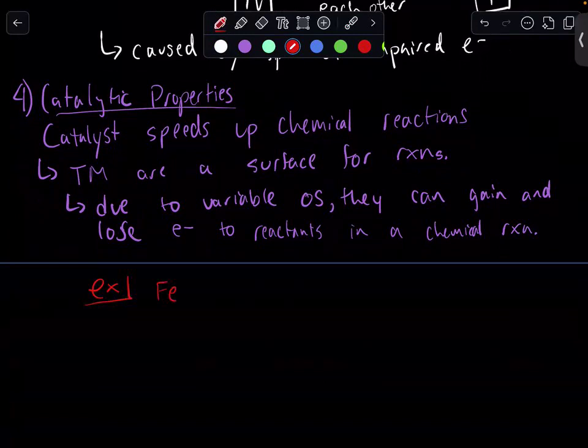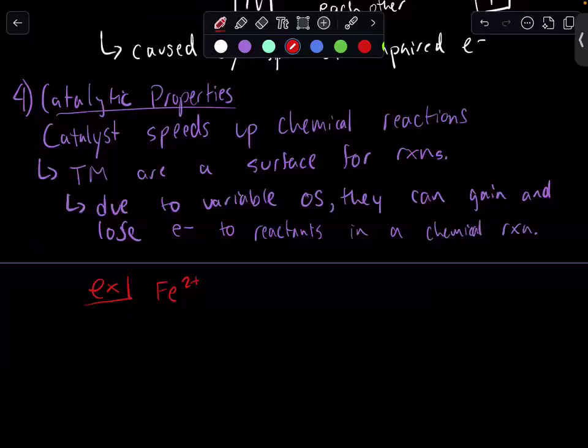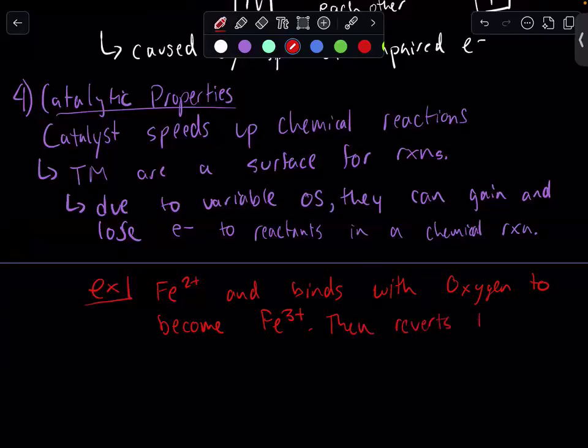We know that we need iron for our blood, and most people know it has something to do with the absorption of oxygen. Well, iron starts as iron 2 plus in the blood and binds with oxygen to become iron 3 plus, then reverts to iron 2 plus when oxygen is released wherever it has to go.